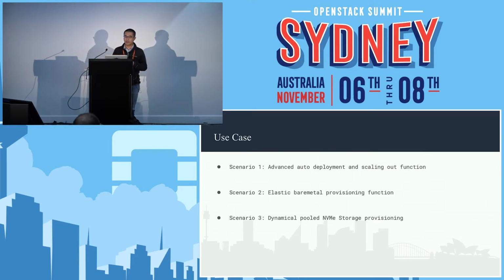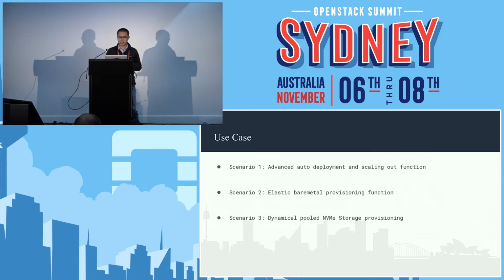So with these new features, the following new use cases can be fulfilled. The first one is you can auto deploy by composing different hardware and leverage Kolla or TripleO, such kind of deployment tools, to deploy your undercloud. And also you can add different hardware into the undercloud very quickly by composing new bare metal nodes.